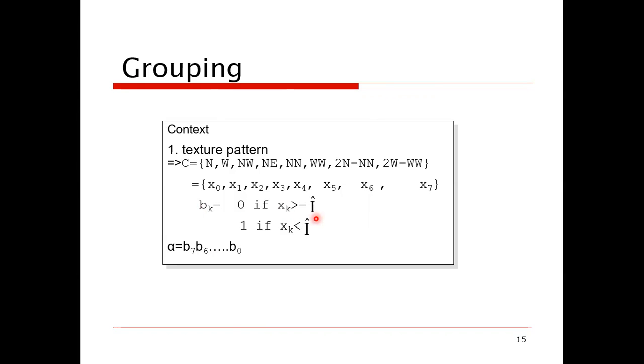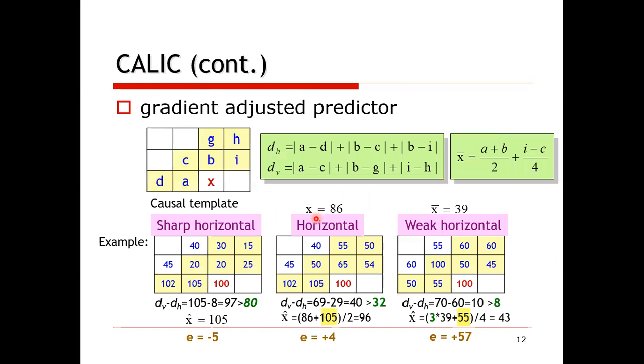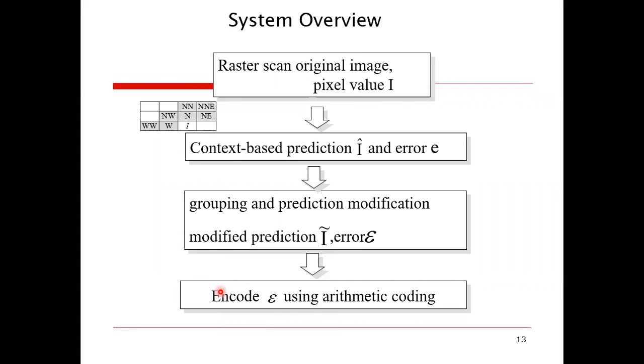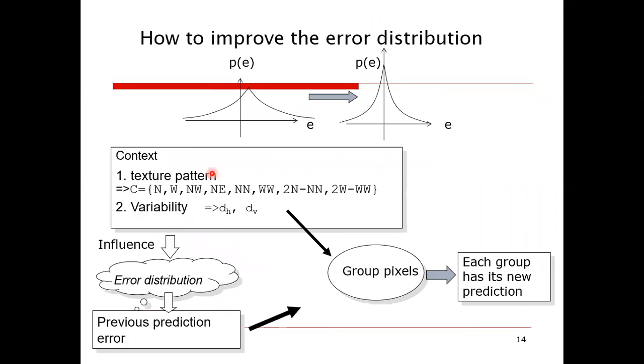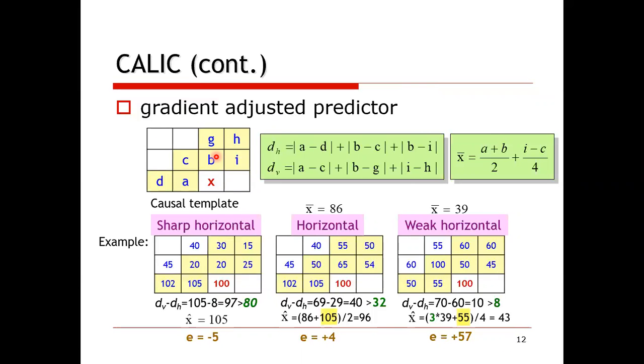In the previous example, I bar was 105. What is the value of x0? The value of x0 is capital N, and capital N is 20. So what is the value of b0?